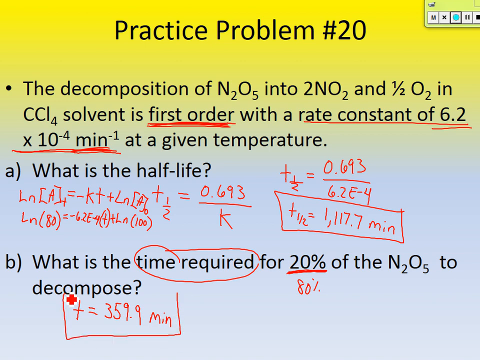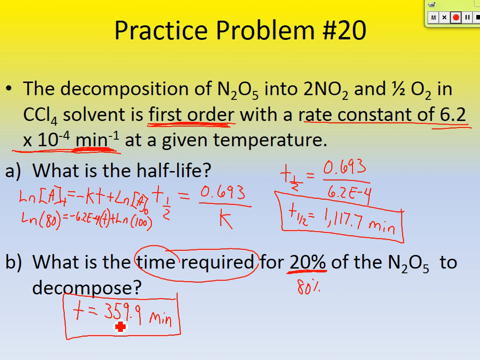How did we know it was minutes? Again, it goes back to our rate constant was measuring per minute. Now, here's a question for you. How come it takes 1,117 minutes for half of it to decompose and only 360 minutes for 20%?